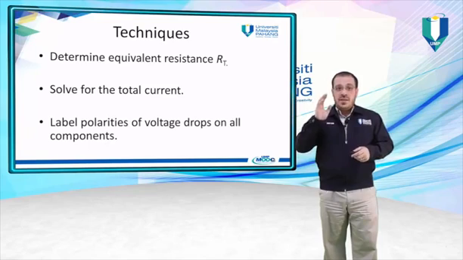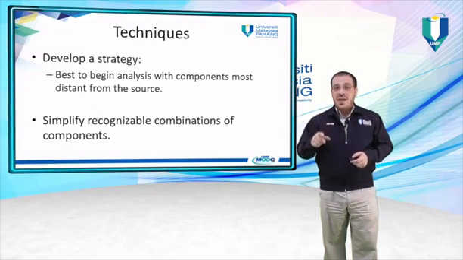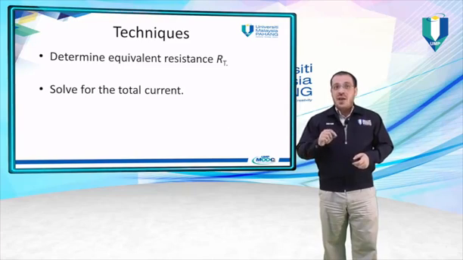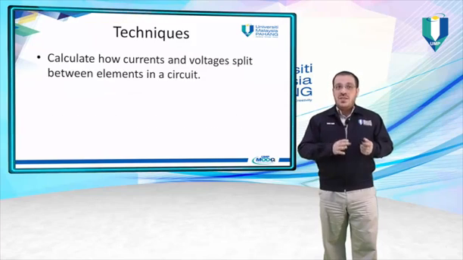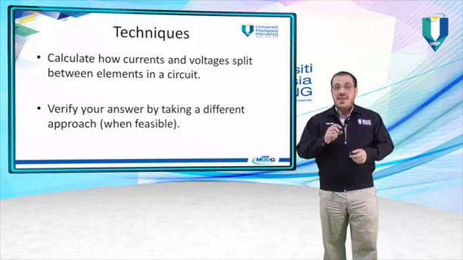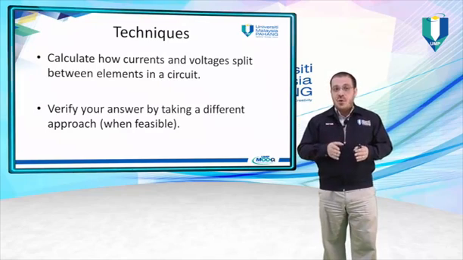Okay, just to go back again: try to simplify things, find RT, the total resistance, solve the total current, then label polarities of voltage drops on all components. Try to calculate how currents and voltages split between elements in a circuit, using the current divider and voltage divider rules. There is not only one way to find the correct answer, so always try to verify your answer by taking a different approach when feasible.